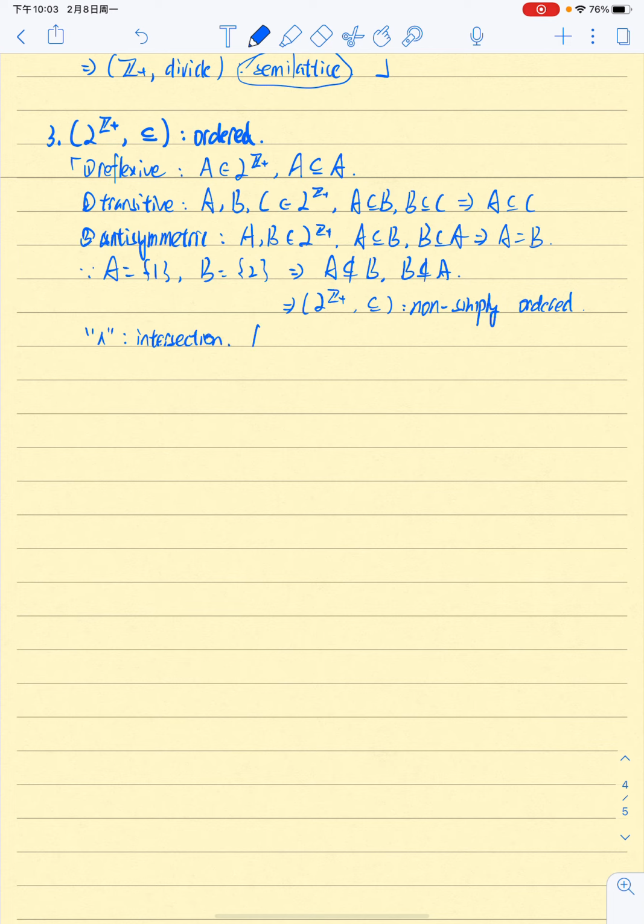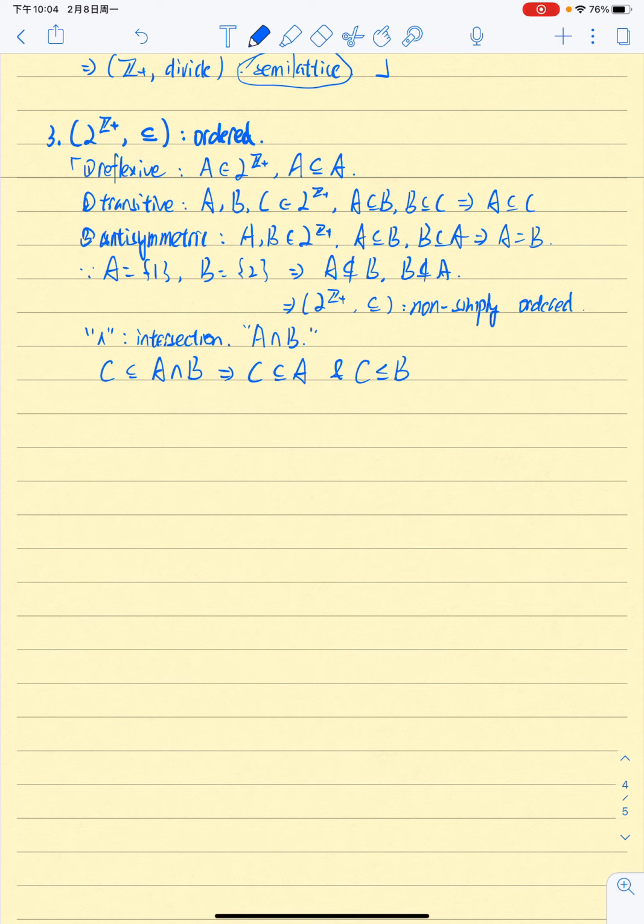It means A intersect B. If C is a subset of A intersect B, can we get C is a subset of A and C is a subset of B?